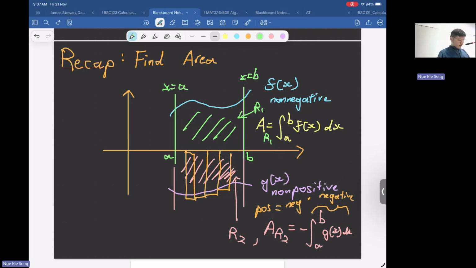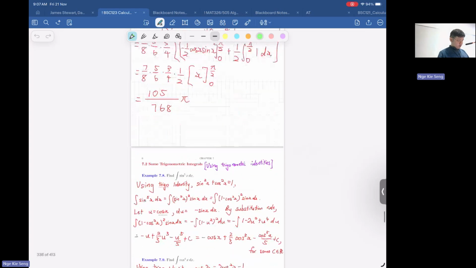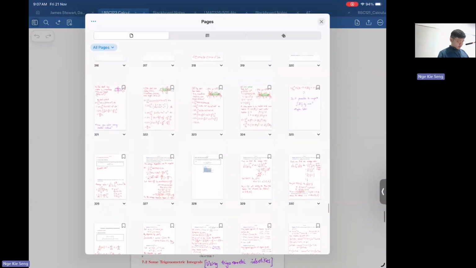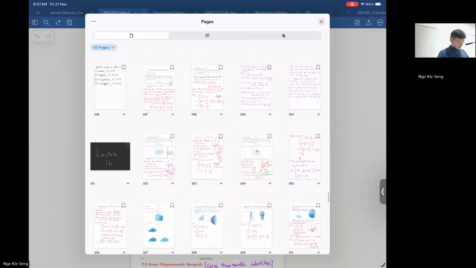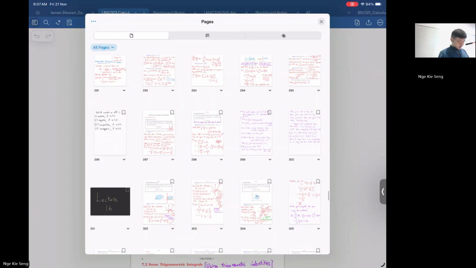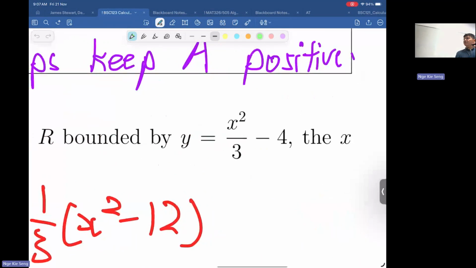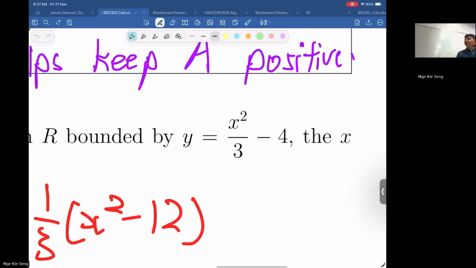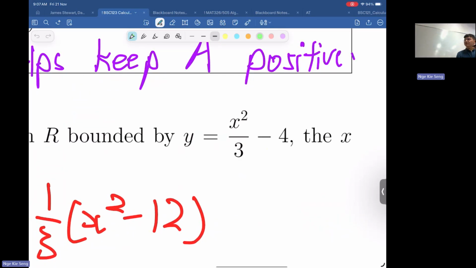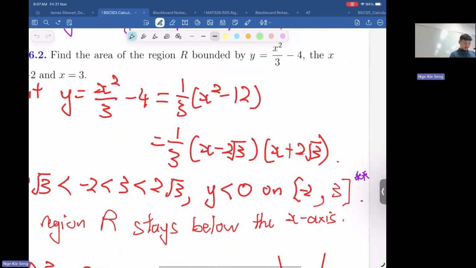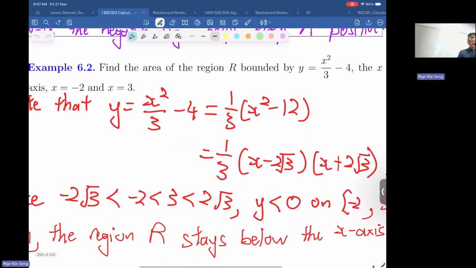So last time I promised you to show that this function x squared over 3 minus 4 is non-positive for the region -2 to 3. This is example 6.2.